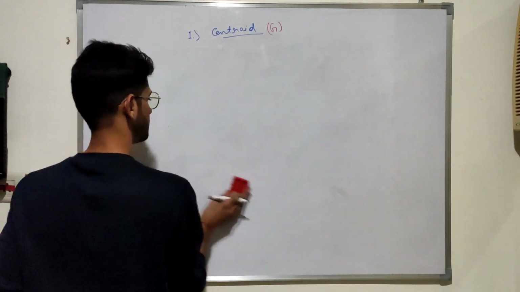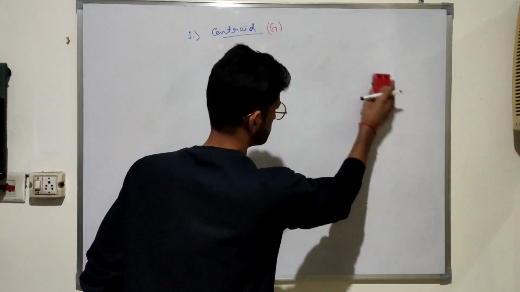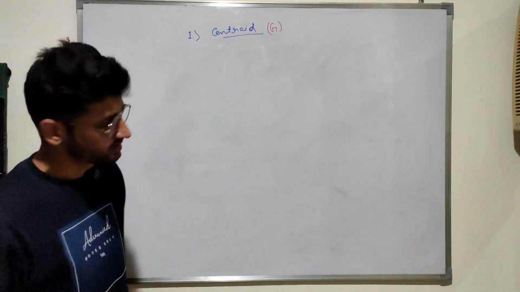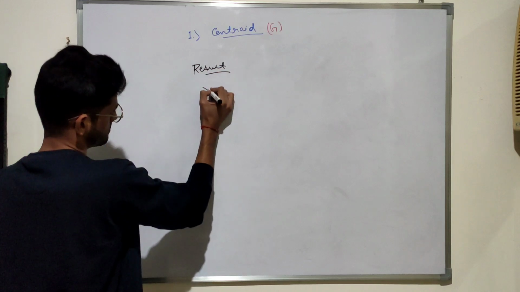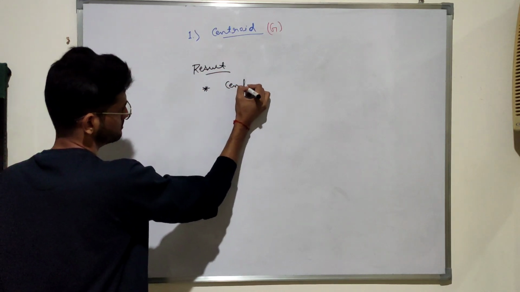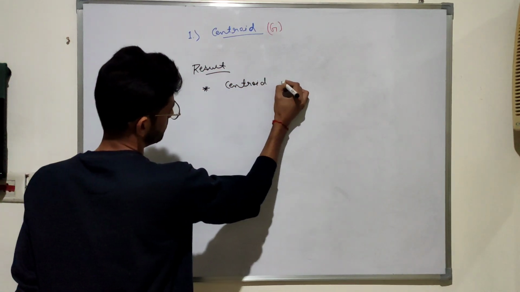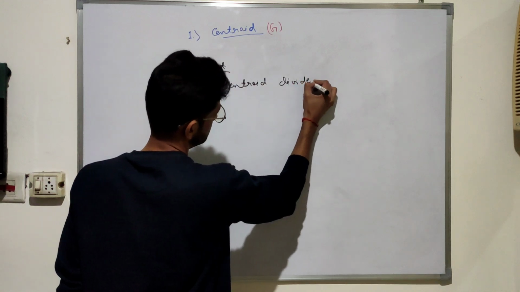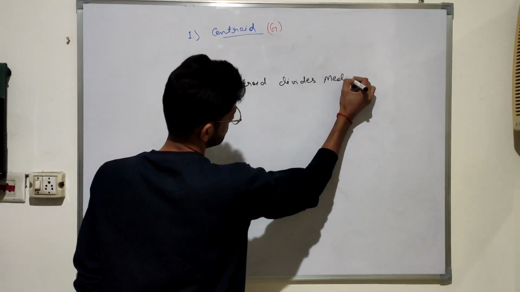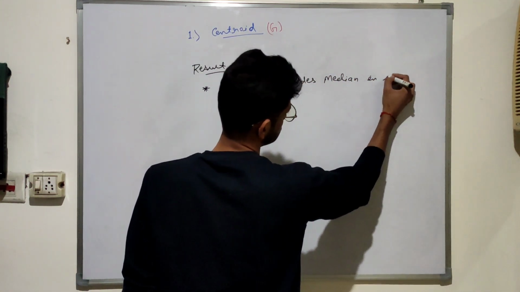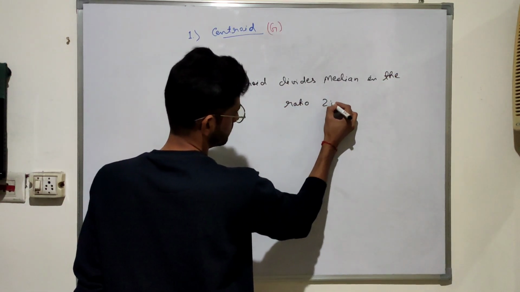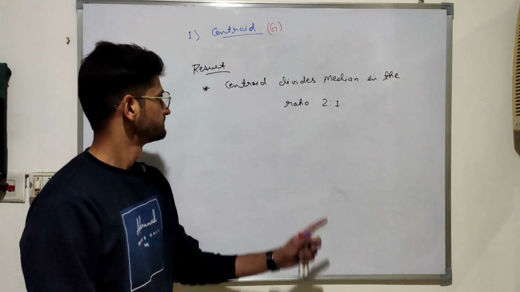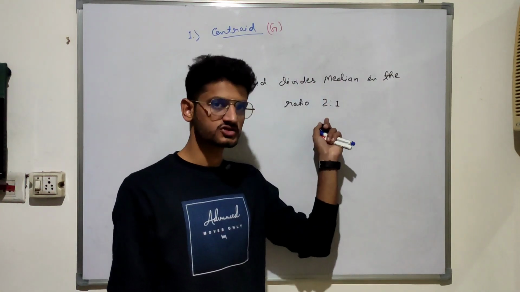So after the derivation, we have come across one of the important results regarding the centroid: the centroid divides the median in the ratio 2:1.